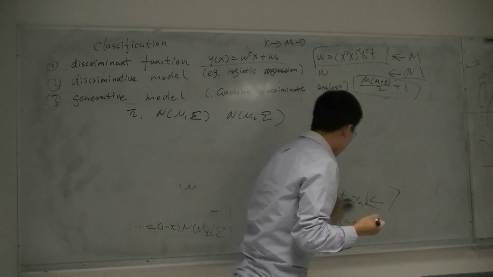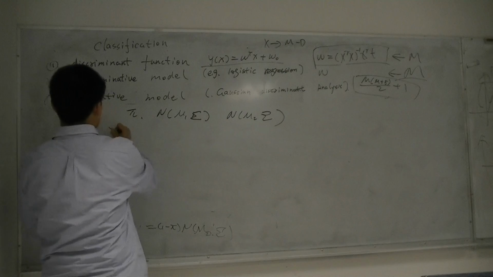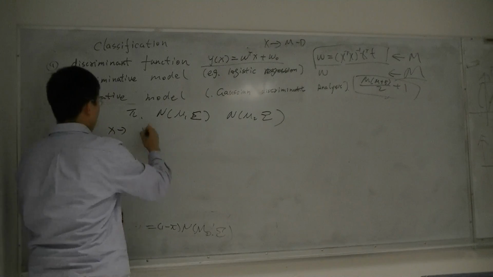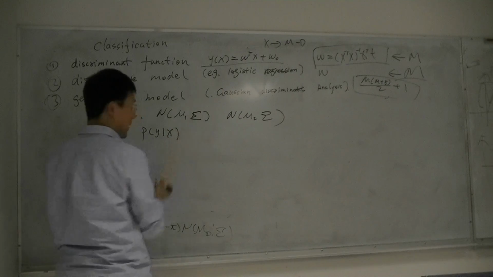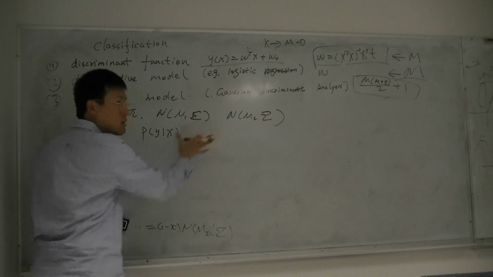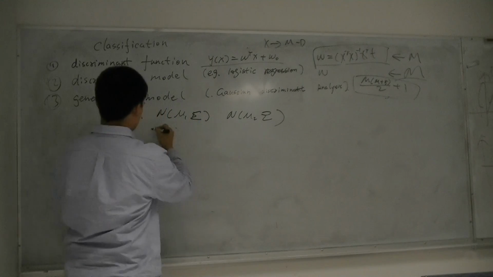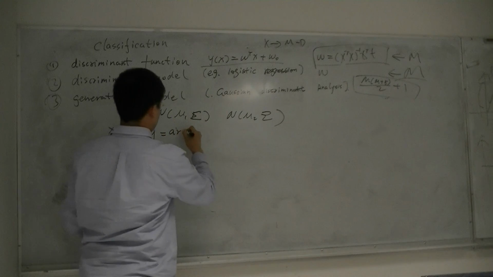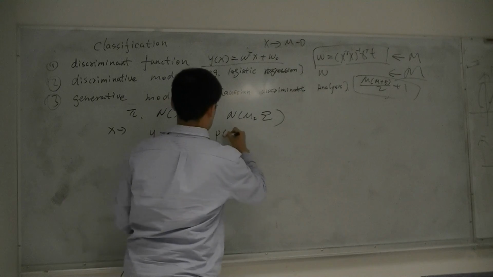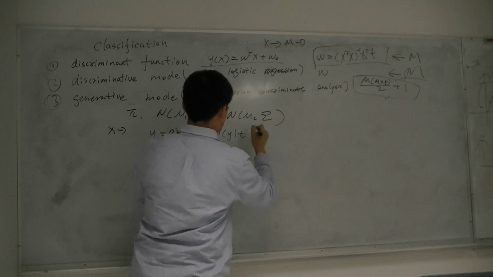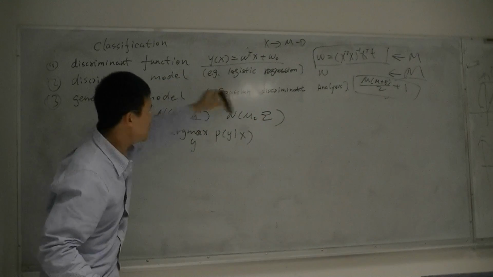And for any input x, we can evaluate y given x on the Gaussian kernel, and we choose the y which has a larger probability.